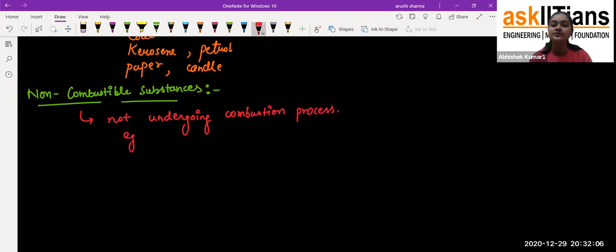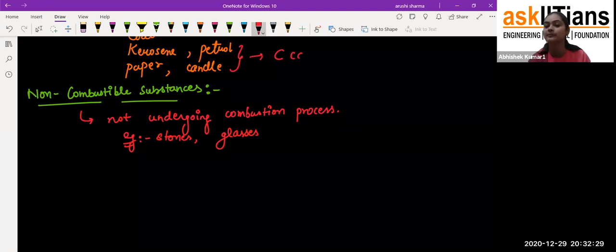For example, students, what example can we give? Stones and glasses do not undergo combustion. Have you ever seen glass catch fire easily? Glass can get heat, but it will require more and more effort, because, as I have already told you, these combustible things are carbon compounds.